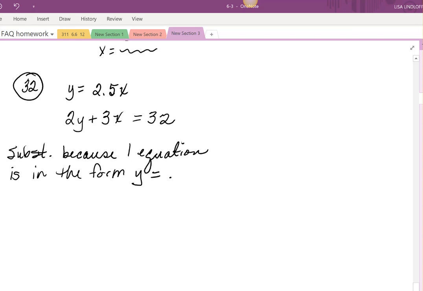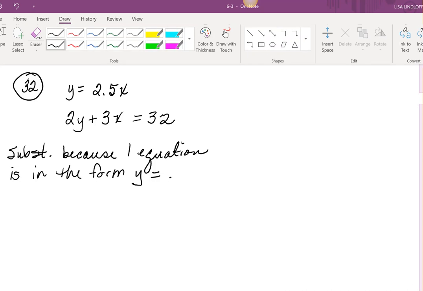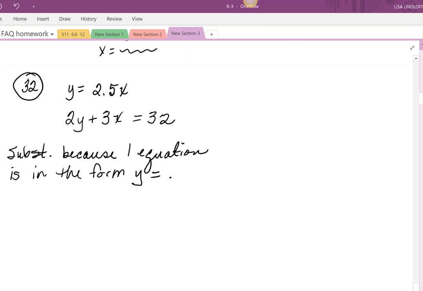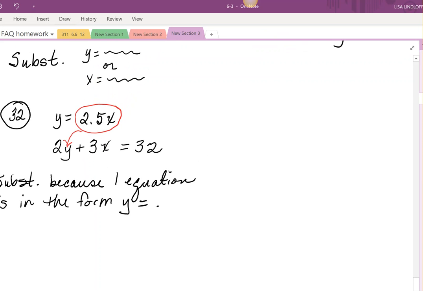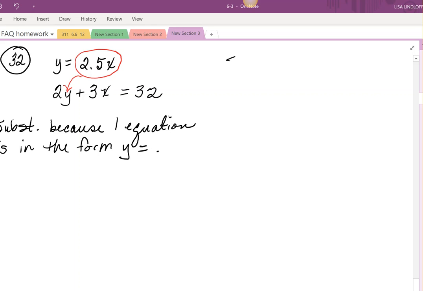That's my reasoning. All right, so now I see this first equation is in the y equals format. So I'm going to take this value for y and I'm going to put it in the place of y. So I am going to substitute.